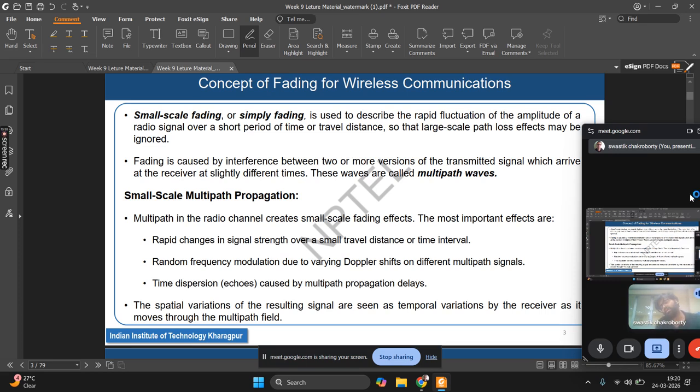Say you do a communication on the surface of the moon. On the surface of the moon there is not much in terms of multipath because there are no reflectors. It's just vacant space. So only path loss you will encounter. Path loss traveling through space. Only that you will encounter.